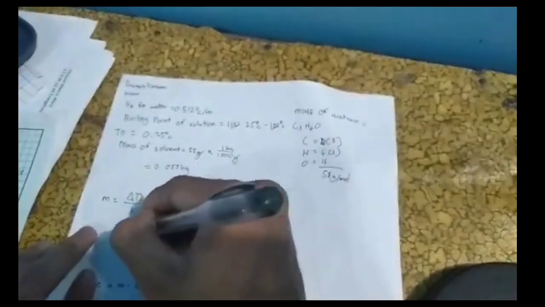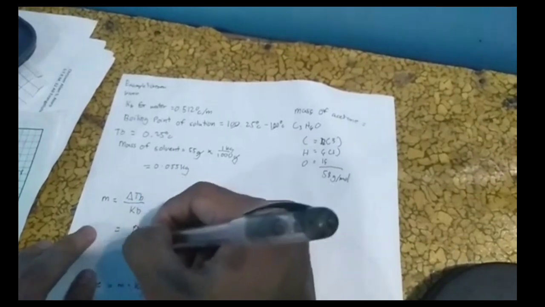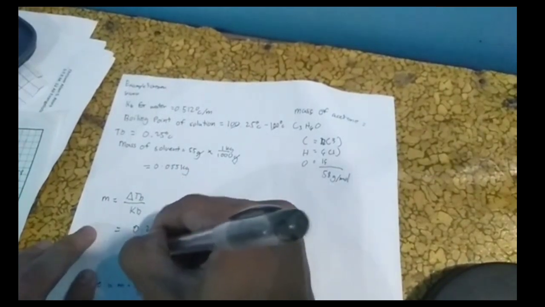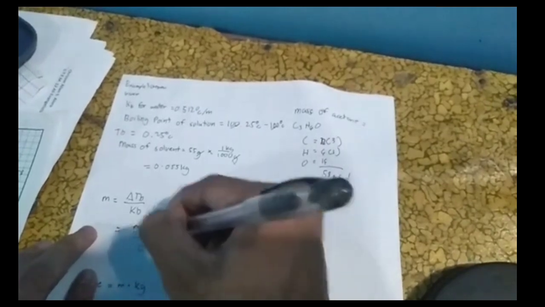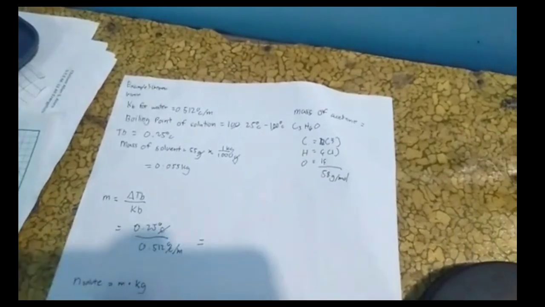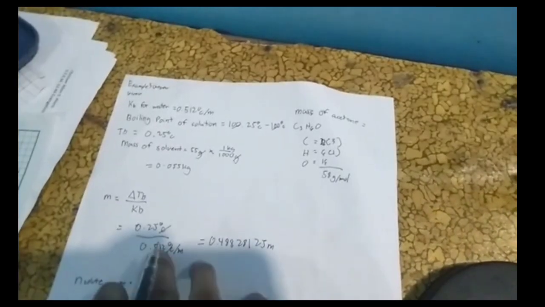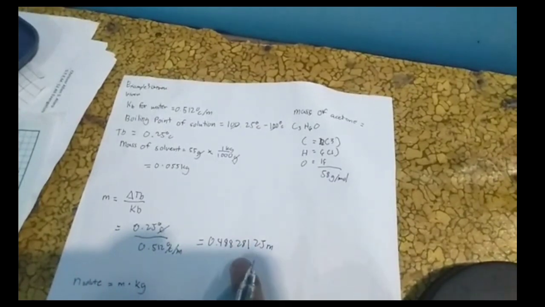So 0.25 degrees Celsius divided by 0.512 degrees Celsius over m. Cancel them, and if we divide these numbers, we have the answer of 0.48828125 m.